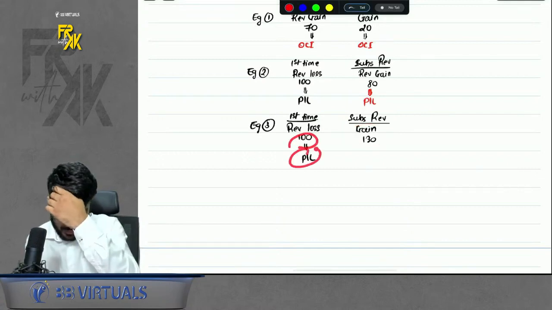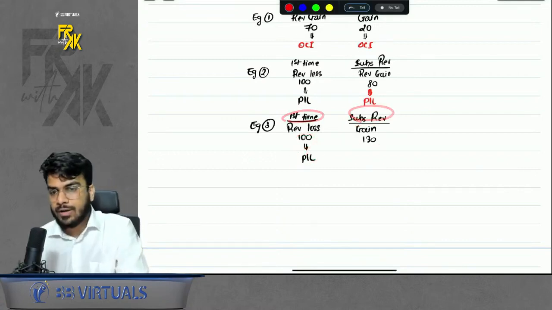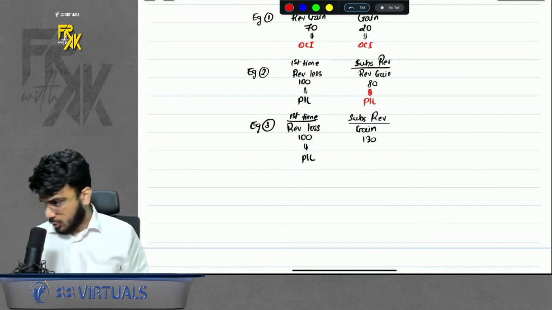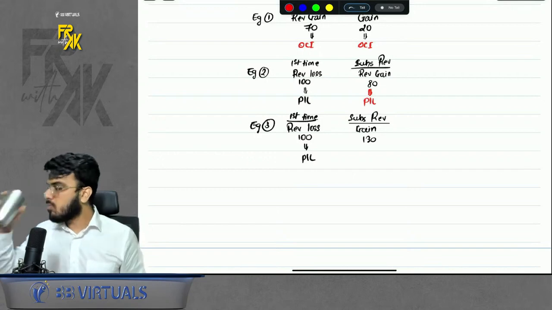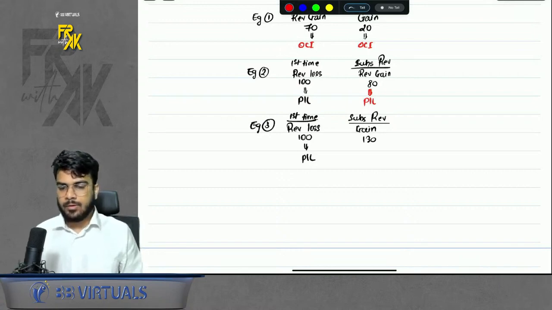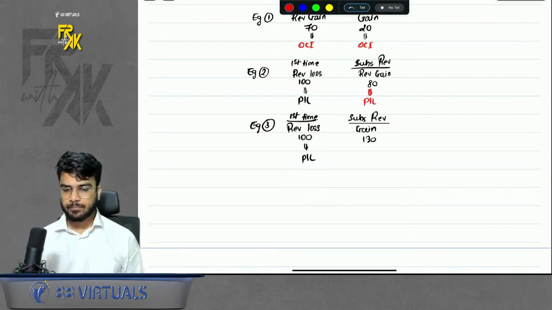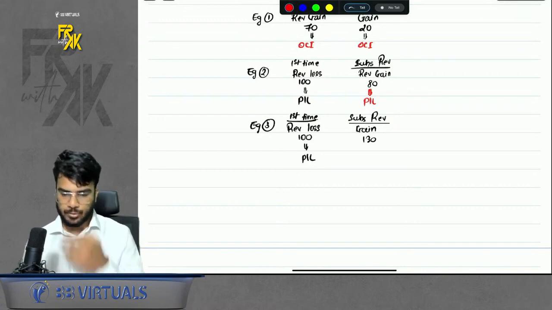You had a loss of 100, which was transferred to P&L the first time. Subsequently, you have a gain of 130. What is to be done with this? Please answer, everyone. Tell me. What will be the answer on subsequent revaluation?